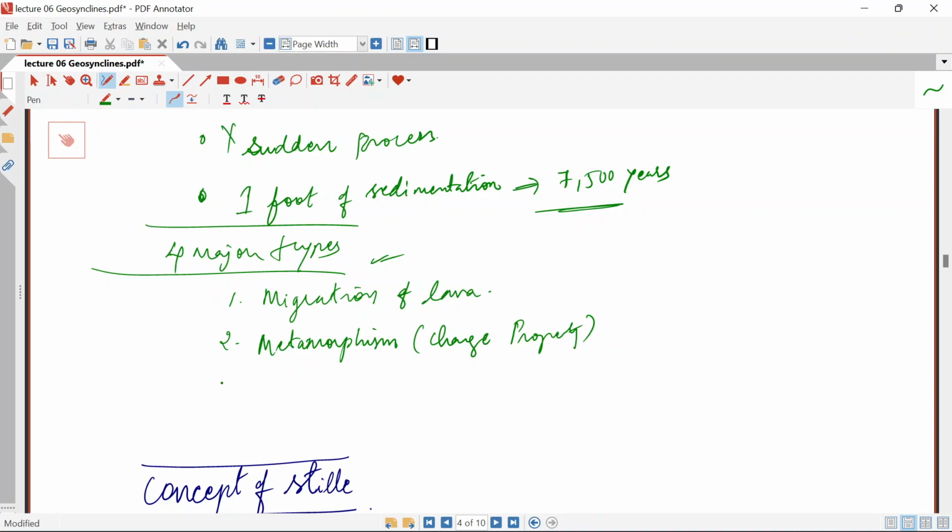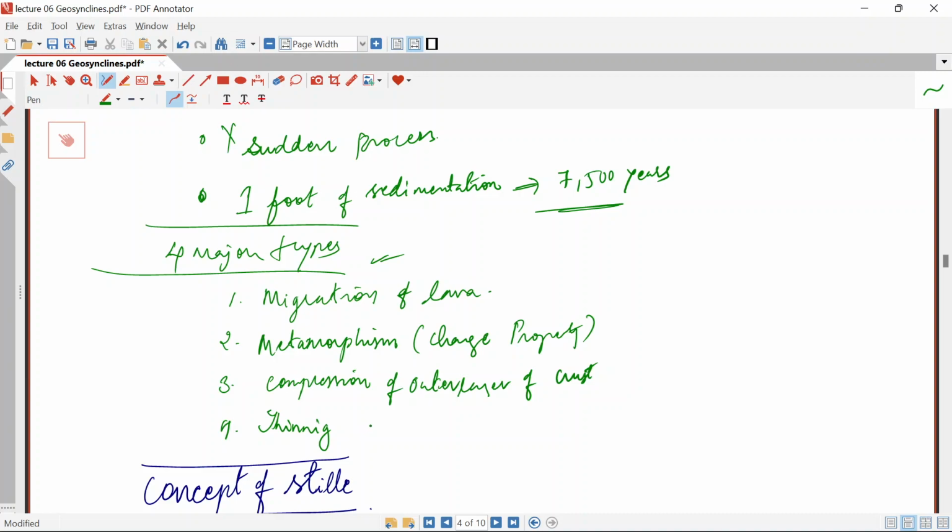The third thing he said is the formation of geosyncline due to compression of the outer layer of the crust. So due to compression also the geosynclines form. And the fourth one is thinning of the sialic layer, which we have seen in our earlier classes about the earth's interior and chemical composition.